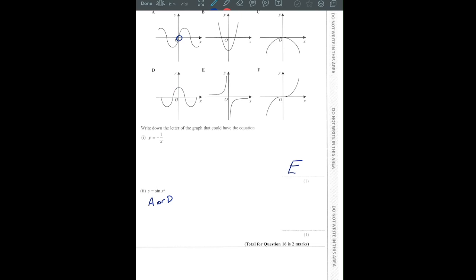So this is going to be graph A. And if you didn't actually remember that, you could just type into your calculator sine of 0. Your calculator tells you that's 0. So if you remembered the waviness, you remembered it was one of these two, you could then just pick a special point. 0 is the easiest to check which one matches that special point.